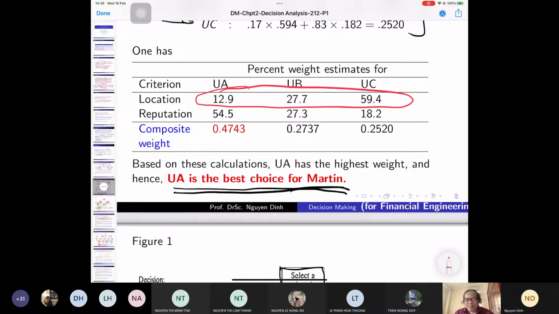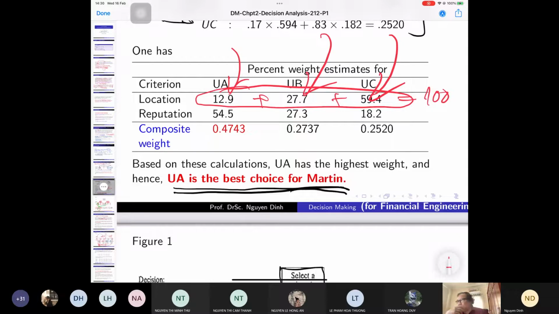This is something like a percentage. You see, 12%. This percentage, and the sum of these must be 100. You understand? 12, 9, 27, and 4. Let me think.